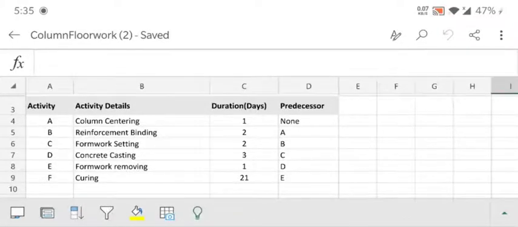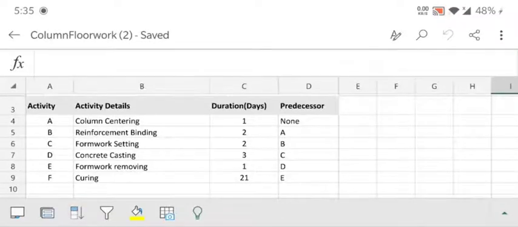Now B, reinforcement binding, its duration is 2 days and predecessor is A. C, formwork setting takes 2 days and predecessor is B.